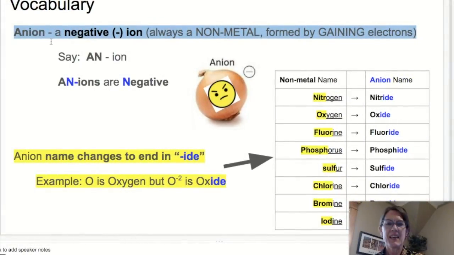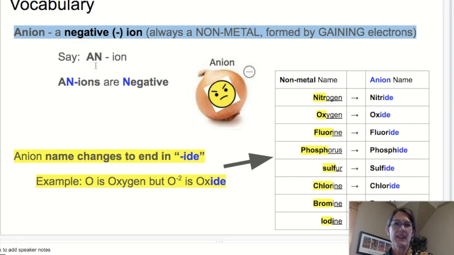An anion is a negative ion, and it's always a nonmetal, and they're formed by gaining electrons. So gaining is negative. When atoms gain electrons, they become negative, and they are called anions. You could just say ion, but saying anion is more specific, that it's a negative ion.